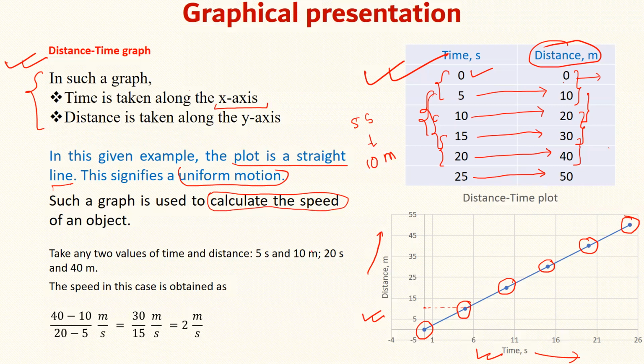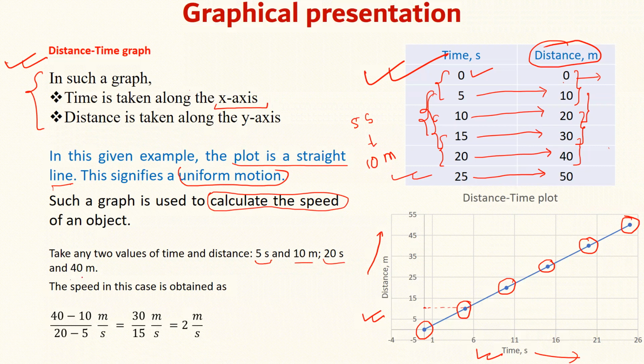Take any two values of time and distance. How can you calculate the speed of an object from this type of table or this type of plot? Here two values are taken. The object has moved 10 meters after 5 seconds, and 40 meters after 20 seconds.